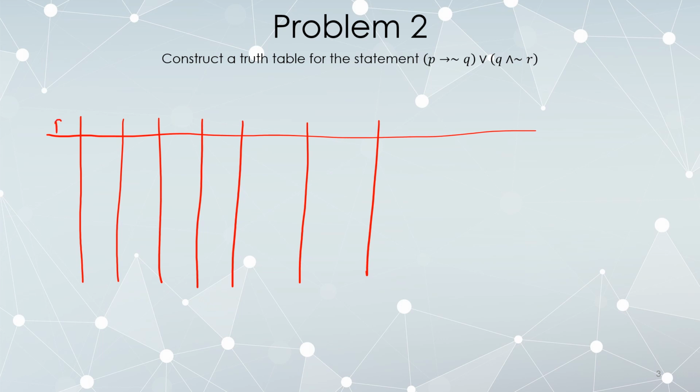So we need our P, Q, R. We're going to need a not Q. We're going to need a not R. Then we can build P implies not Q. We can also make Q and not R. And then we can stick those together: P implies not Q, or Q and not R. So we can do true, true, true, true, true, false, etc.